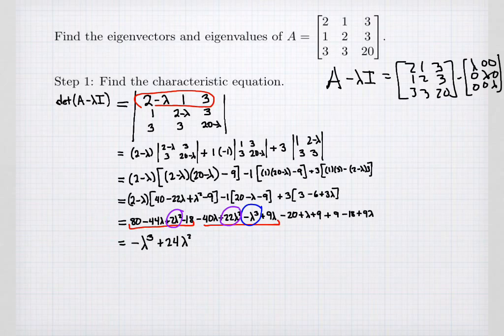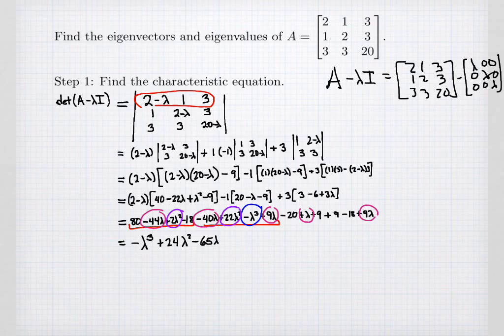Now let's identify our lambda terms. Let's see, we've got minus 44 minus 40, so that's minus 84, plus 9, so that's minus 75, minus 65. So we have minus 65 lambda.